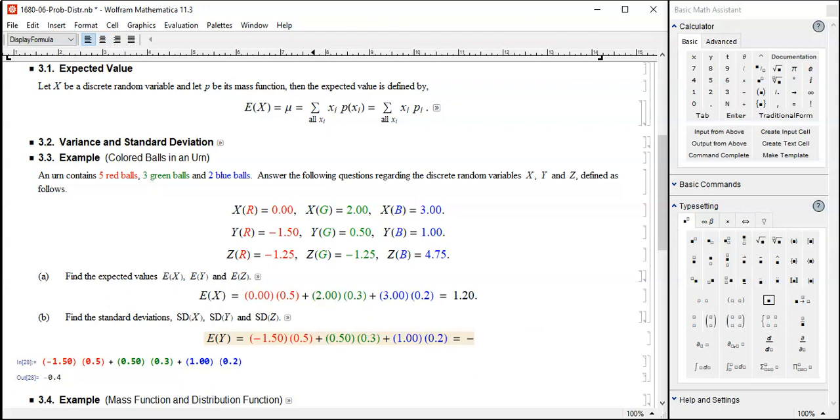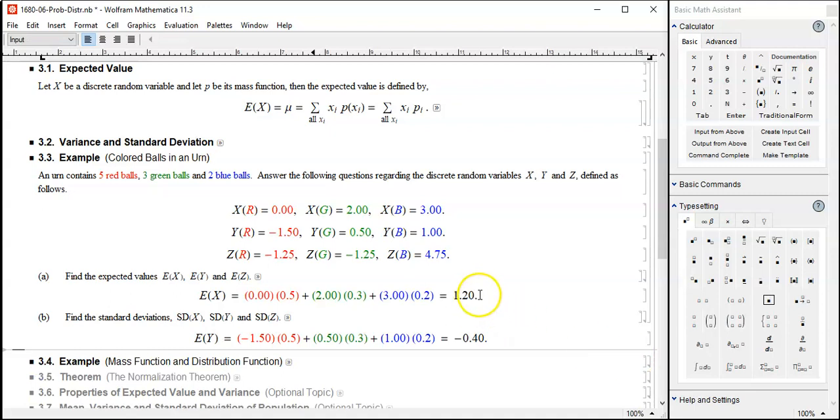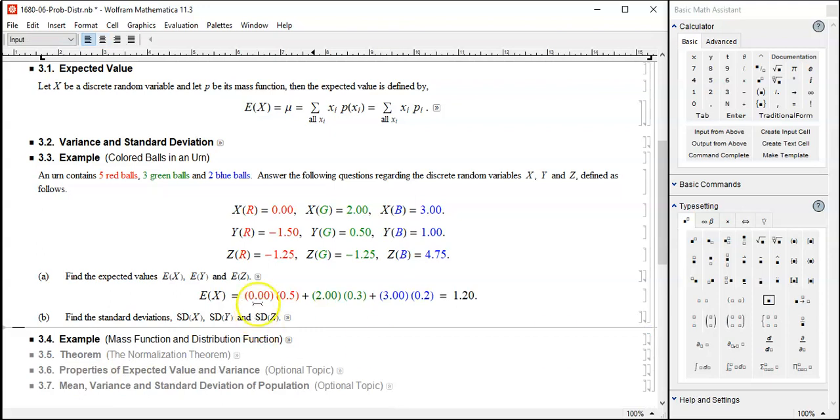Okay, negative 0.4. So if you play the first game, then you are expecting to win $1.20 each time you play the game. And if you play the second game, you're expected to lose about 40 cents each time. And if you repeat it for something like, I don't know, 100,000 times, then it averages out to losing about this much each time.